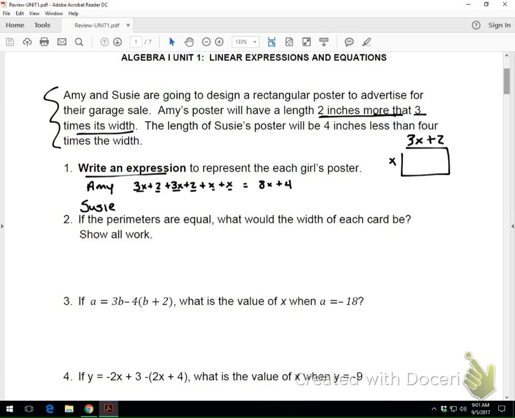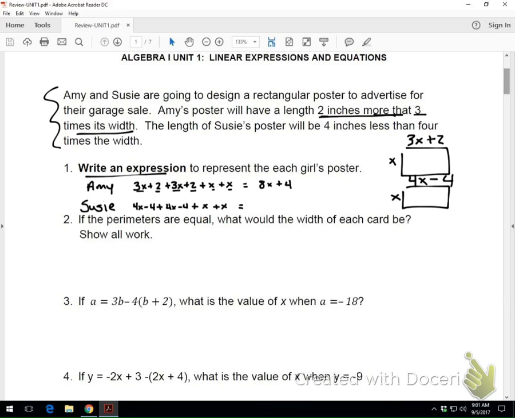Okay, her length is 4 inches less than 4 times its width. So we don't know the width, but we got 4x minus 4. Sorry. So we got 4x minus 4 plus 4x minus 4 plus x plus x.